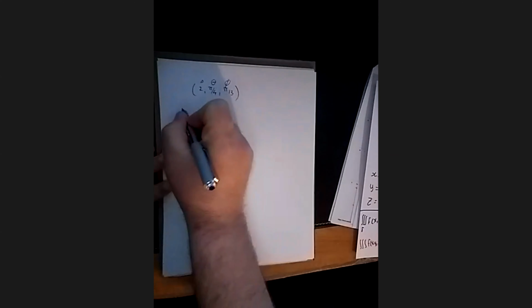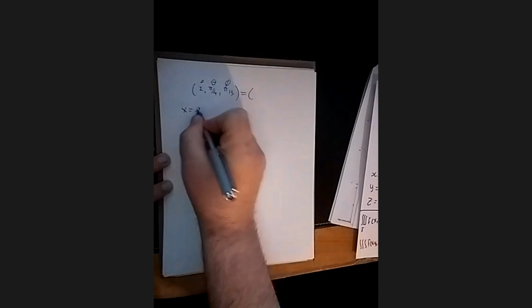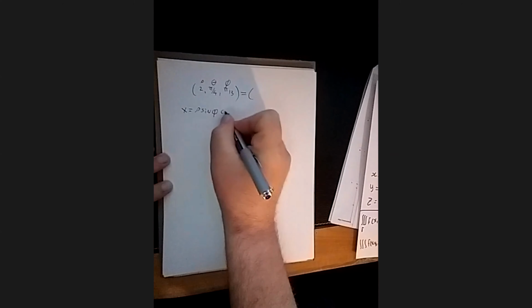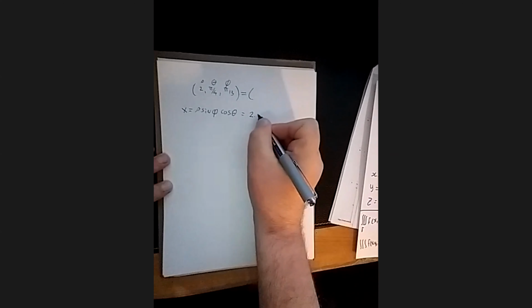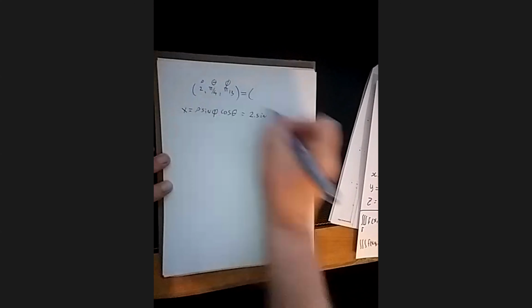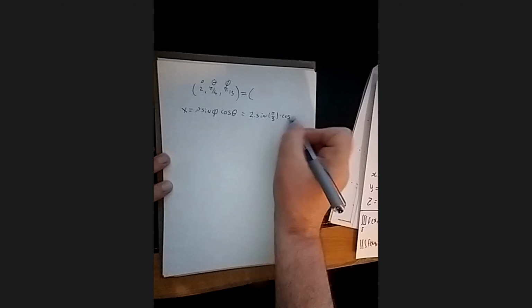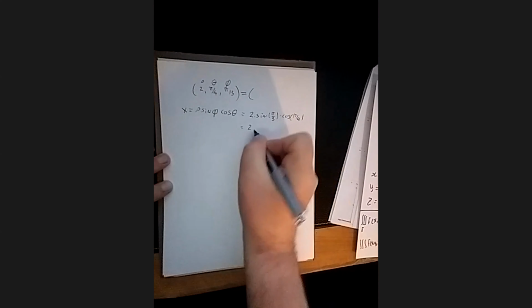If I want to get the x coordinate of that point, it's going to be rho sine phi cosine theta, which is going to be 2 times the sine of pi over 3 times the cosine of pi over 4.